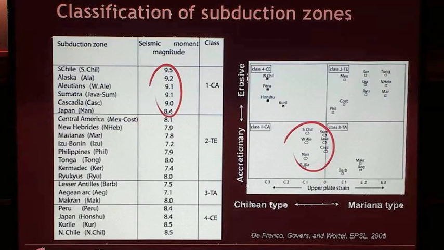So take those two types, and you can bin a lot of subduction zones on the Earth into one of those. One is based on the upper plate strain, whether Chilean or Marianas, and whether you have a big accretionary system or more erosive. The pattern has been that a lot of the ones falling into this little bracket here have been the ones producing the biggest earthquakes.